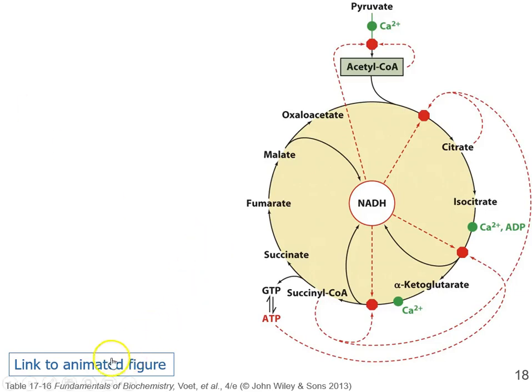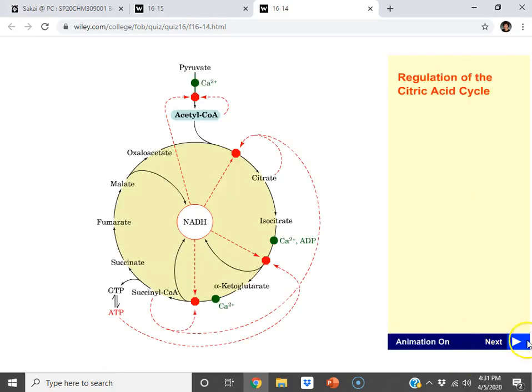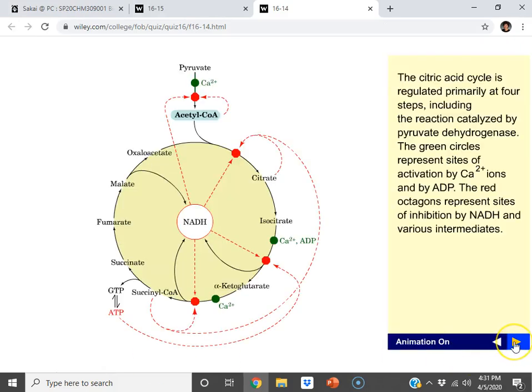So I'm going to show you this animated figure. Okay, so we start here. So this shows the regulatory points at the 4 steps where I showed you, the pyruvate dehydrogenase reaction, and then the 3 enzymes in the citric acid cycle itself. So the green circles represent sites of activation by calcium ions, and then the red octagons represent sites of inhibition by NADH.